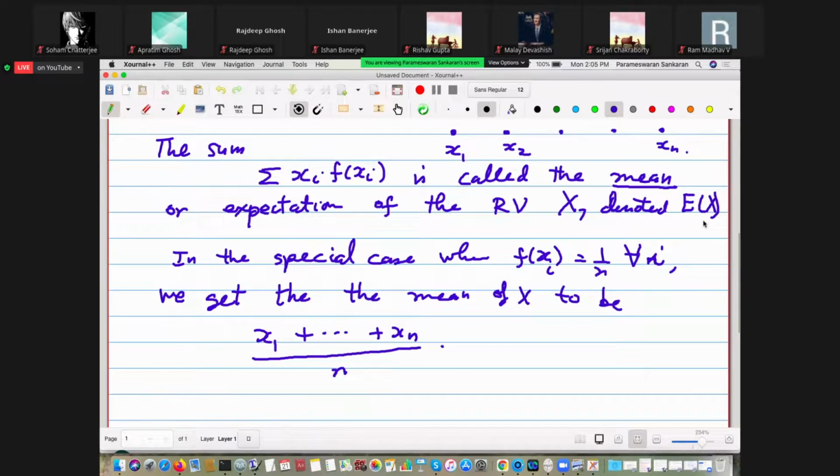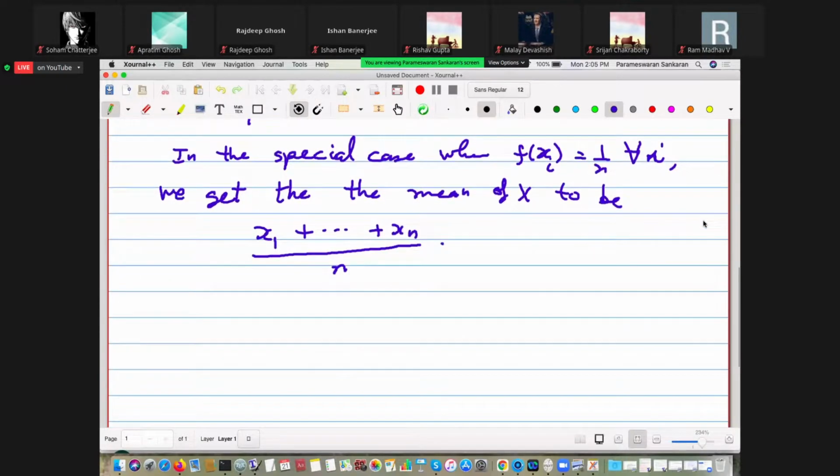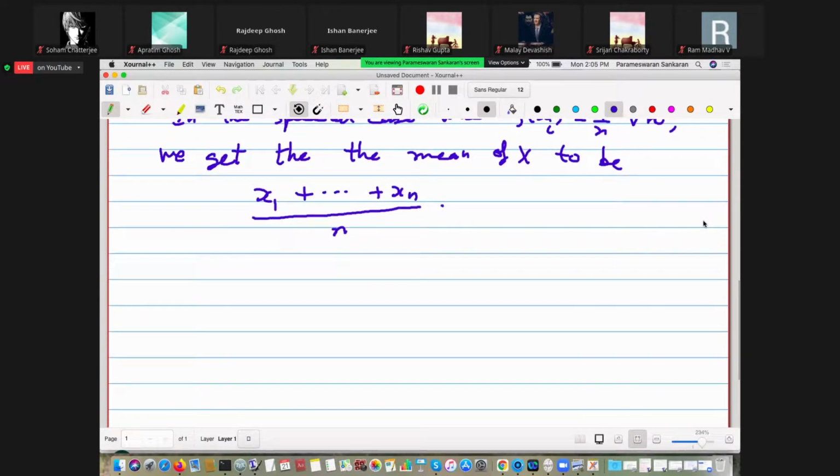So, where does the word expectation come from? Actually, that word expectation comes from the following example. It comes from gambling basically.